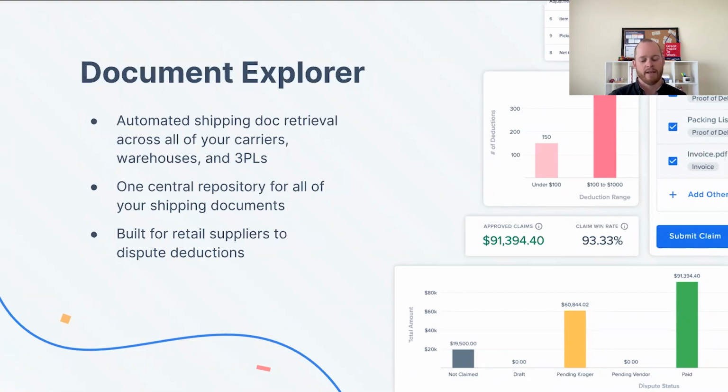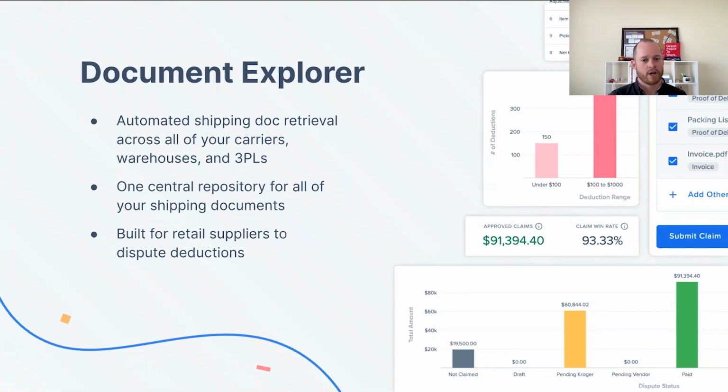So whether that is from a carrier or warehouse or 3PL, we have pre-built connections with over 50 different carriers and or warehouse type of integrations. So the first step is actually getting the document.